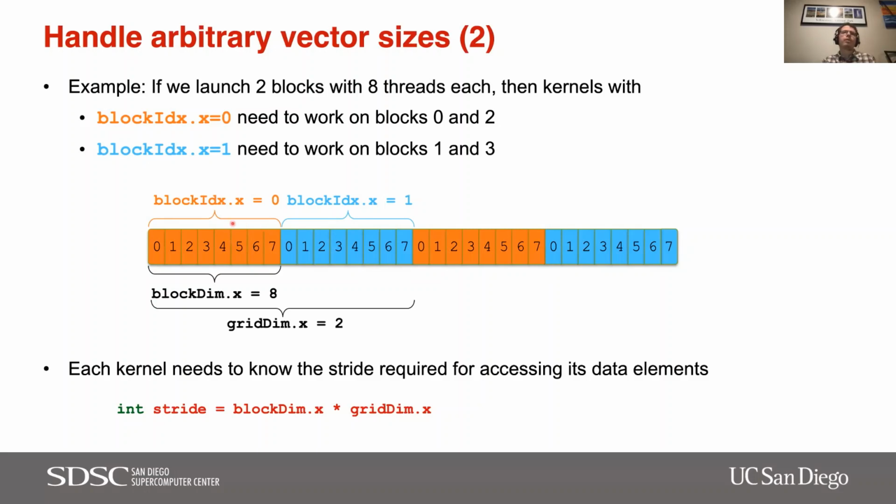The first block operates on the first 8 data elements, the next block on the next 8. When they are done, they move on to the next data elements, and then they check: is there anything else to do? Nothing is left to do, and then they stop.